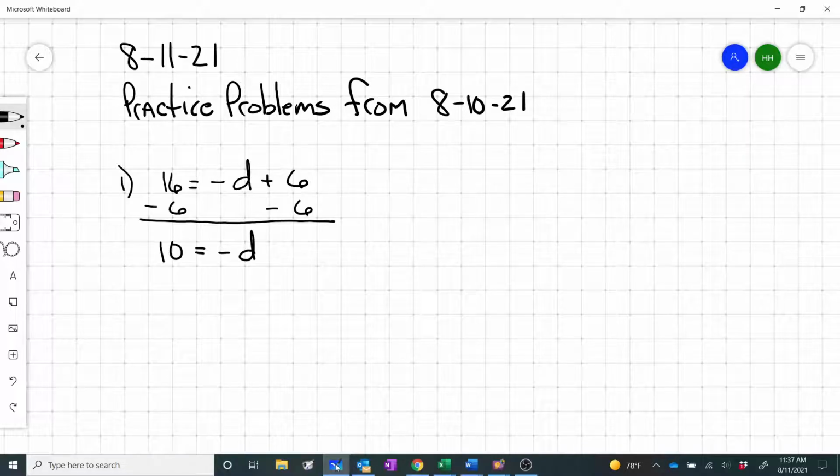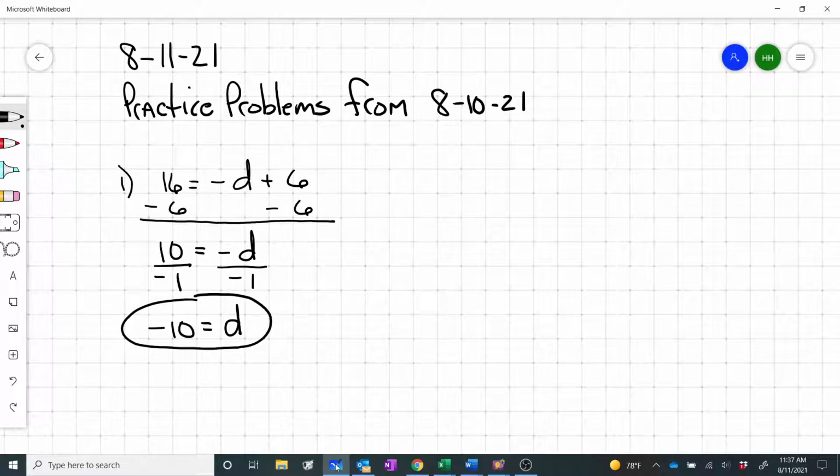And when you're at the end of one of these problems and you've got a negative sign in front of the variable, you divide both sides by negative 1. And we get negative 10 is equal to d. And then you circle it real pretty, or highlight it, or, you know, something like that.